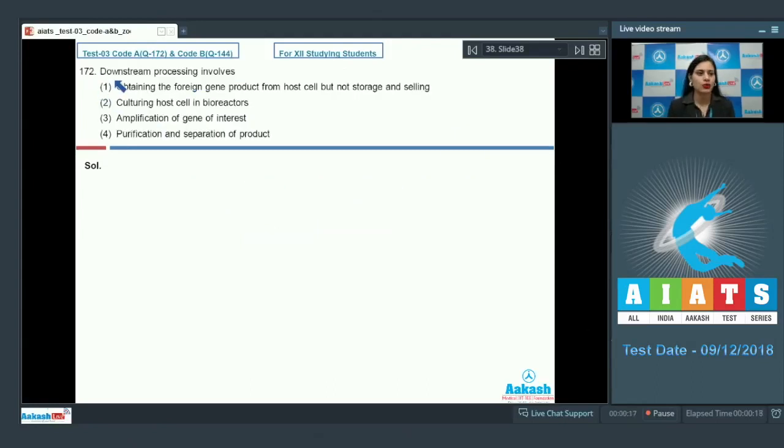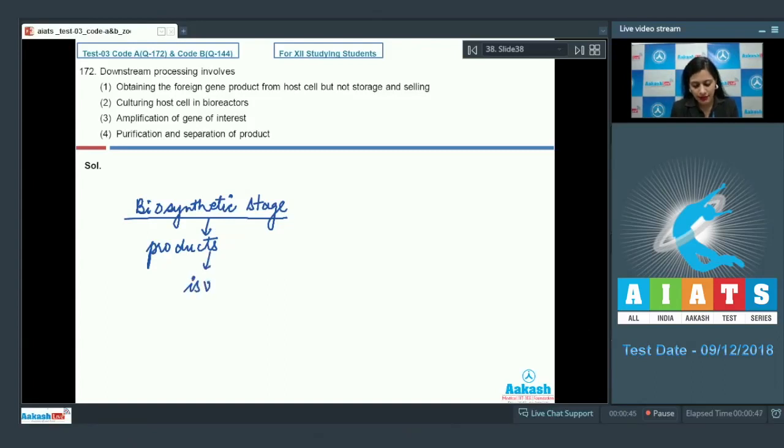Question number 172. Downstream processing involves. Now let's discuss first what happens in biosynthetic stage. In biosynthetic stage, there's formation of products. So products are formed at this biosynthetic stage and then they are isolated from host cells.